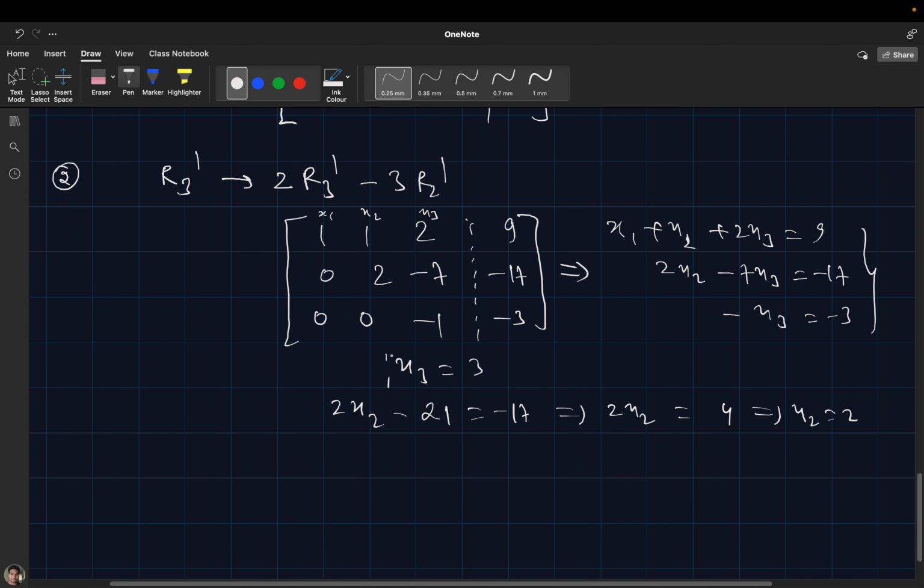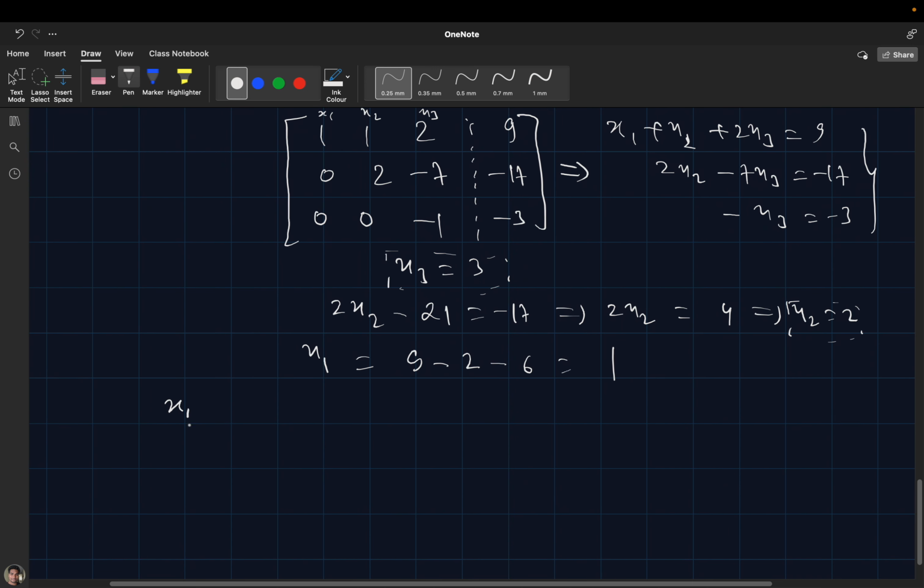Now I will back substitute x3 and x2 into the first equation. So x1 will be 9 minus 2 minus 6, that will be 1. So you are getting the solution x1 equal to 1, x2 equal to 2 and x3 equal to 3.